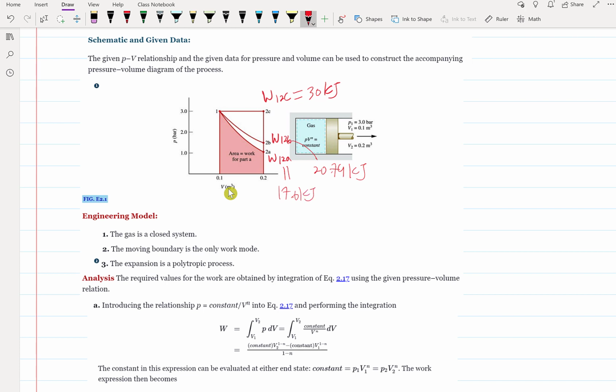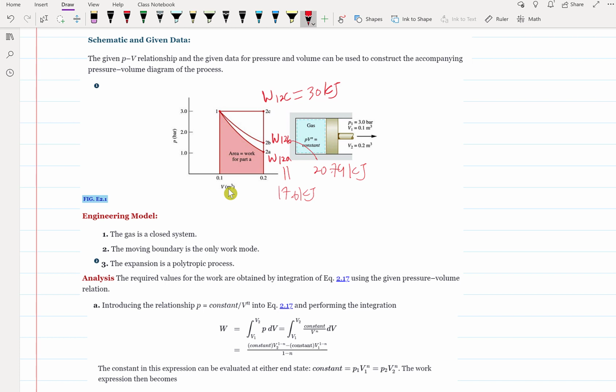So the area under the process corresponds to the work done by the gas. As we expected, work during the process 1 to C is the largest.